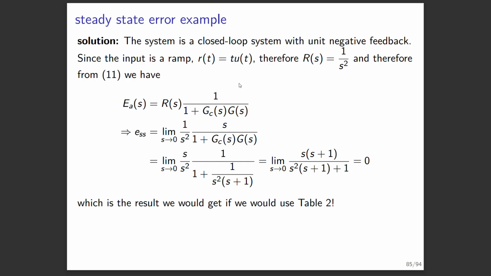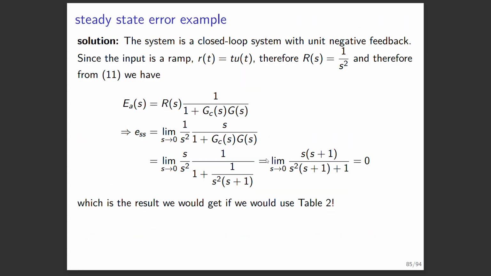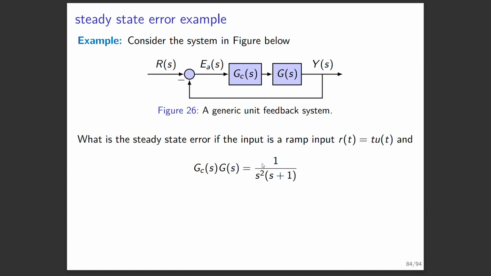Take the Laplace transform of t, it's going to give me 1 over s squared. And then I'm going to have another s here, an additional s, because I'm using the final value theorem. So then if I simplify it and take the limit, it's going to be 0, which is the result we would get if you would go to this table. But again, that only is happening because of the certain shape that the example has.